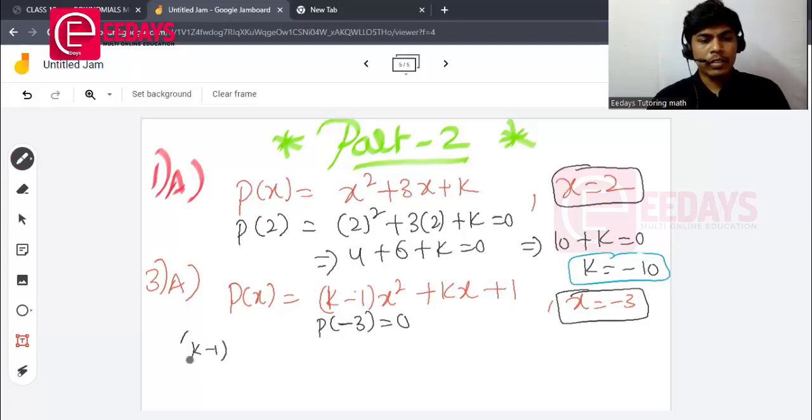So k minus 1 into -3 whole square plus k into -3 plus 1 is equal to 0.